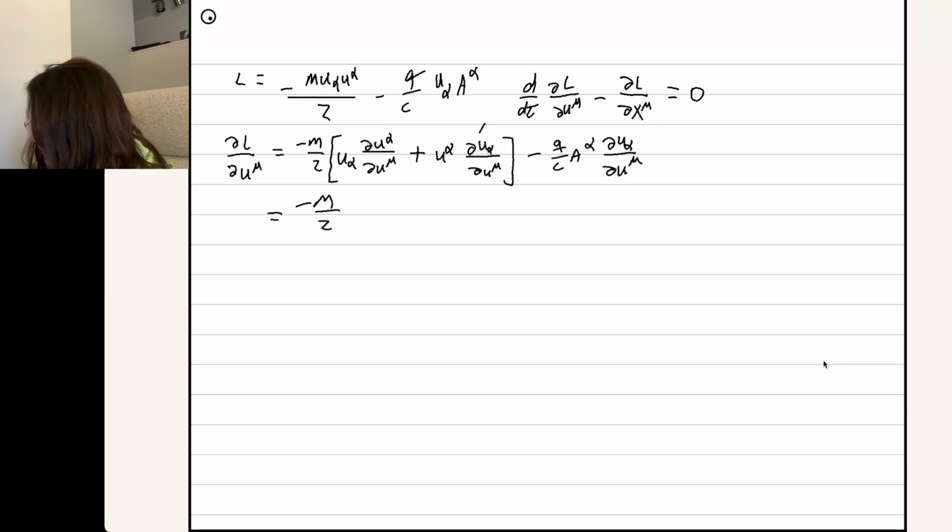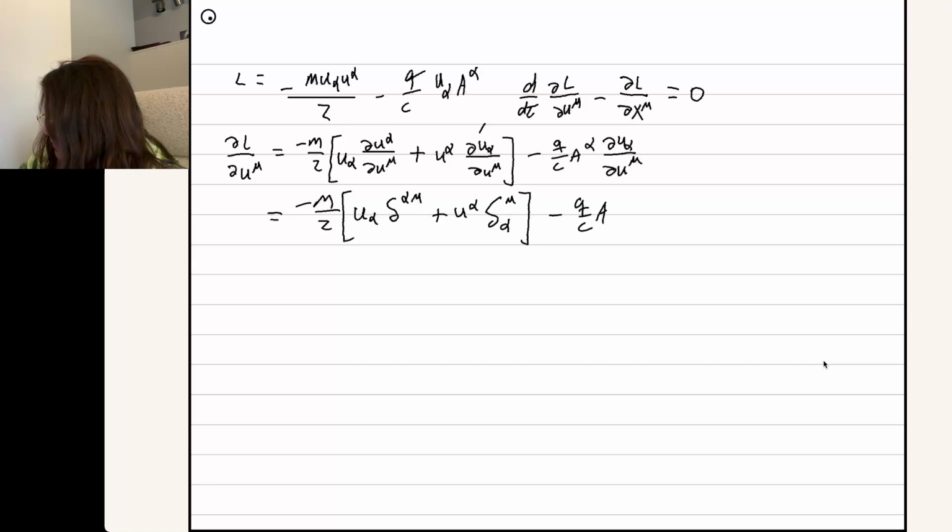All of these derivatives are just Kronecker deltas, though. So we have u_α times a Kronecker delta with an α superscript and a μ subscript, then u^α times a Kronecker delta with α on bottom and μ up top, and then the same sort of thing for the A_α term.